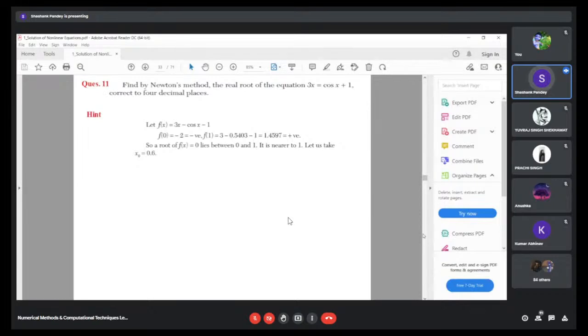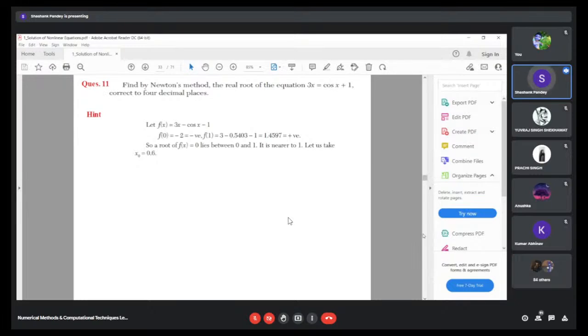Question number 11: find by Newton's method the real root of the equation 3x is equal to cos x plus 1, correct to 4 decimal places. The hint given here is that the root lies somewhere between x equal to 0 and x equal to 1.